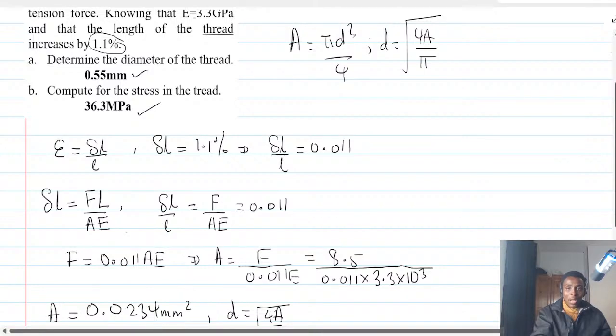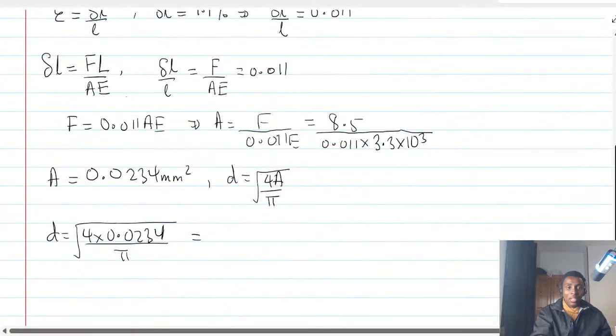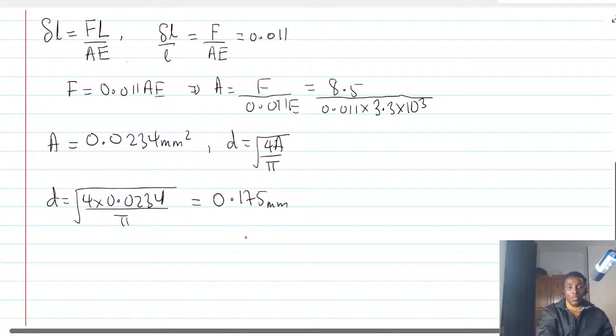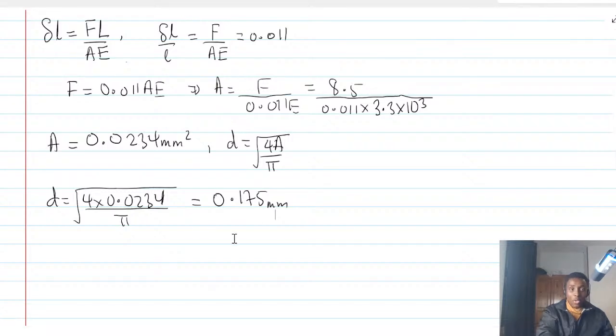Please, are you sure with your answer? 0.175 millimeters. Because if you take the square root of 4 multiplied by 0.0234 divided by pi, and you said you got 0.175.